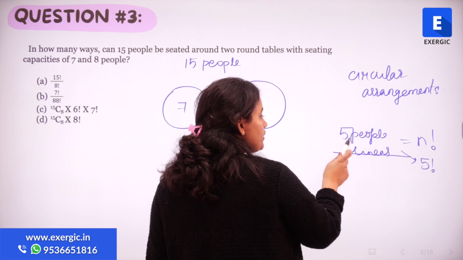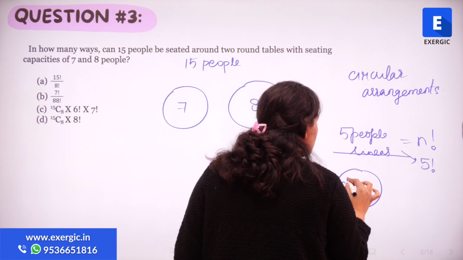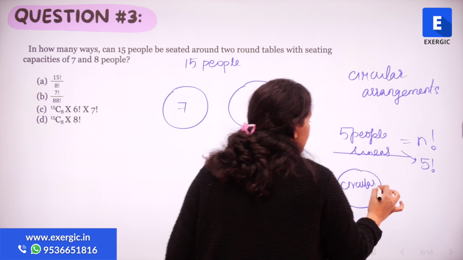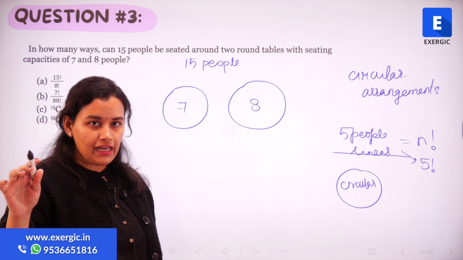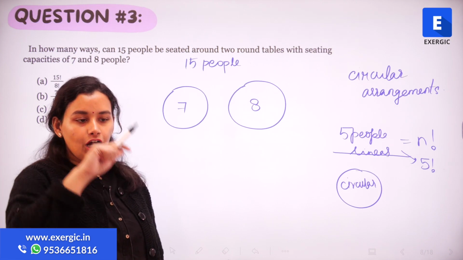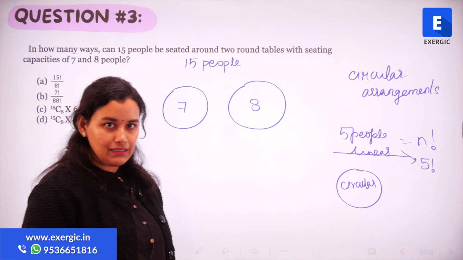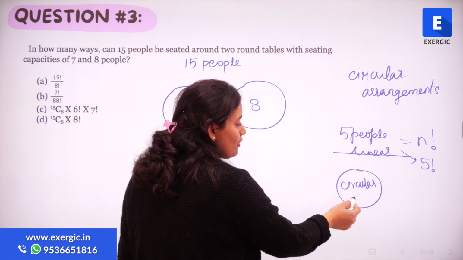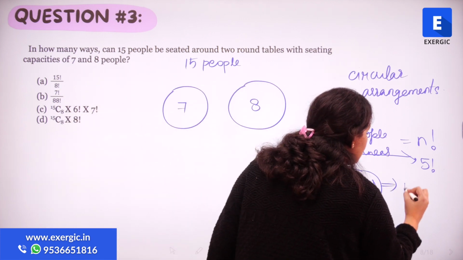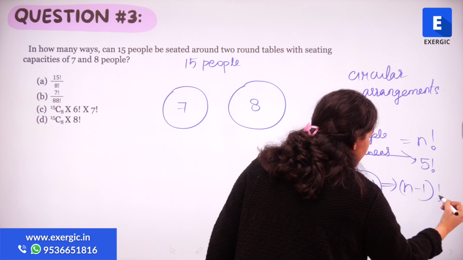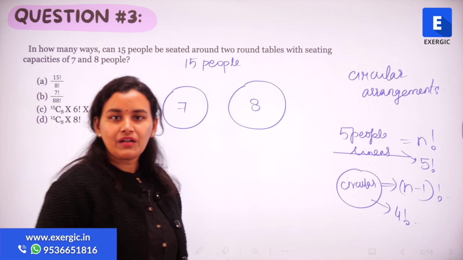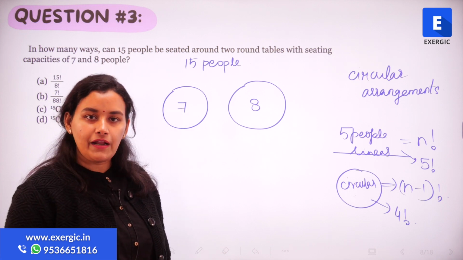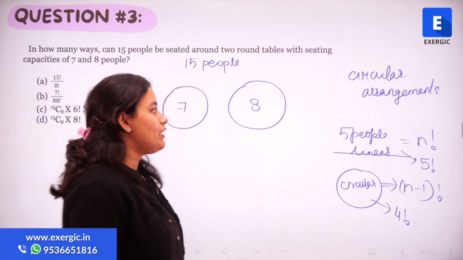But if I put these 5 people in a circular fashion, not in a straight line but along the circumference of a circle, it is defined as n minus 1 factorial. So this will be 4 factorial, right?